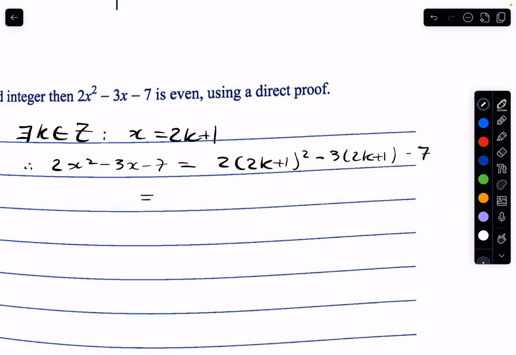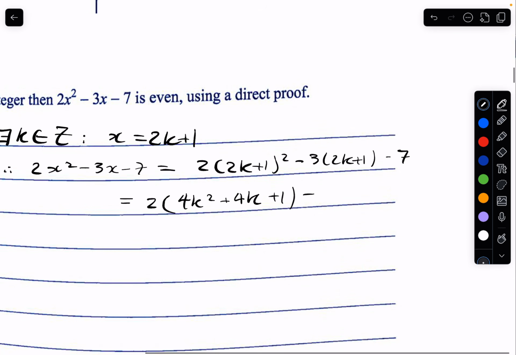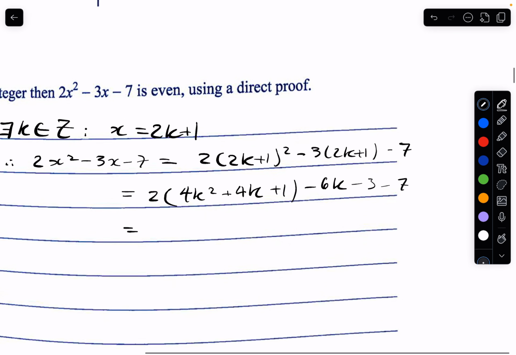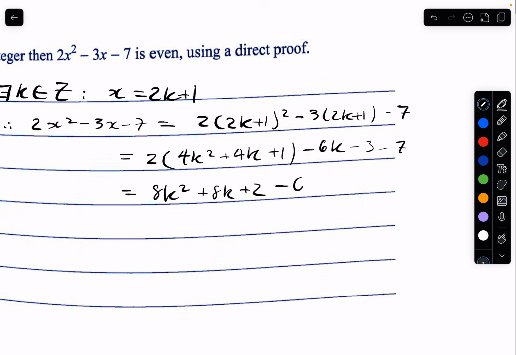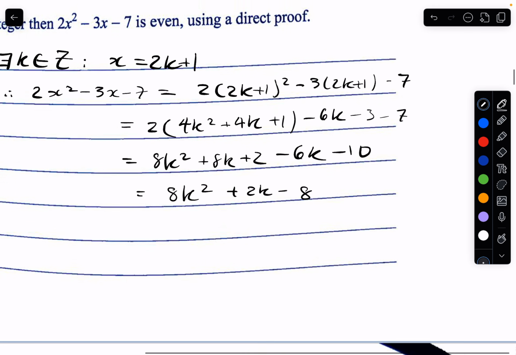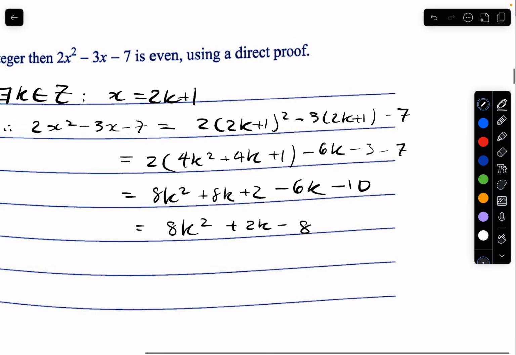Now this here is 2 times 4k squared plus 4k plus 1 minus 6k minus 3 minus 7, which is 8k squared plus 8k plus 2 minus 6k minus 10, which is 8k squared plus 2k minus 8, and that's even.